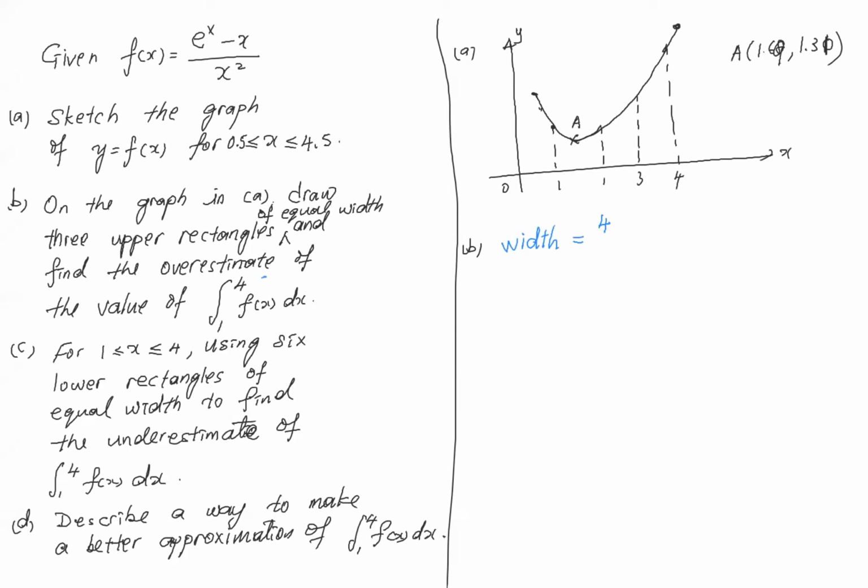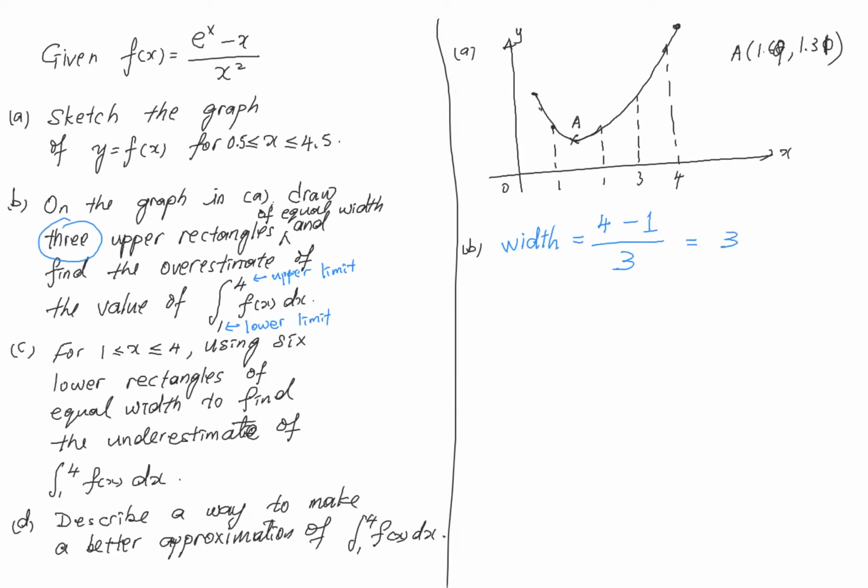This is called the upper limit. Take away the lower limit. Divide by the number of rectangles. Right? Then I got the width is 3.